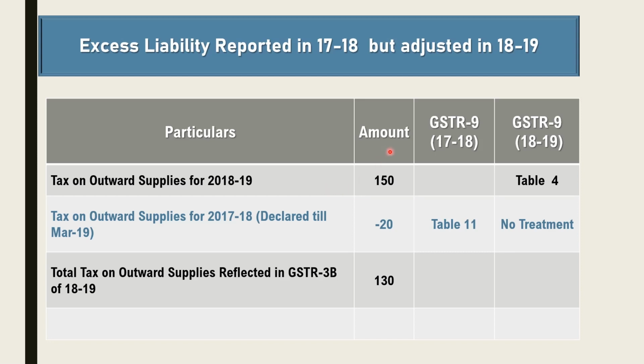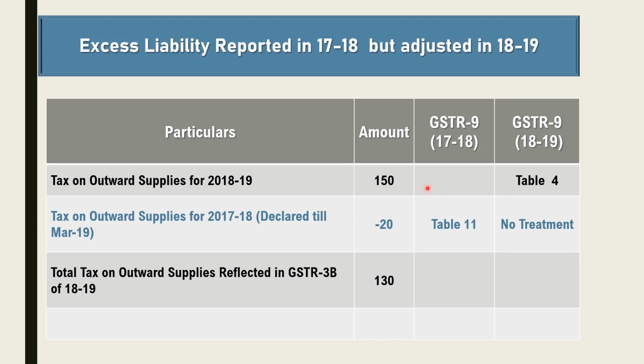Now this 150 rupees which purely pertains to 18-19 and has been reflected in the 3B of 18-19 would be shown in table 4. This 20 rupees adjusted excess liability of 17-18 in 3B of 18-19 has already been shown in table 11 of GSTR 9 of 17-18.